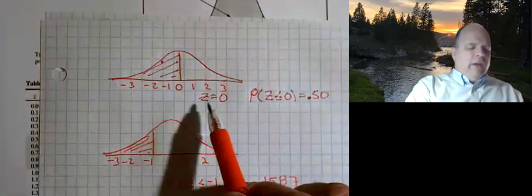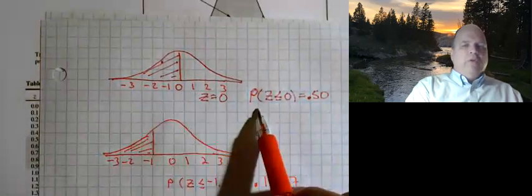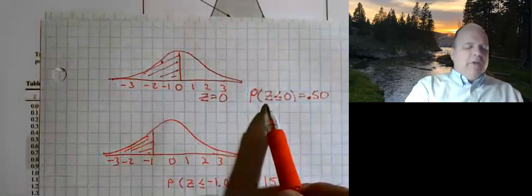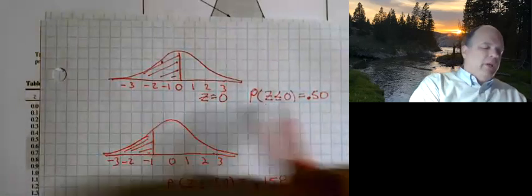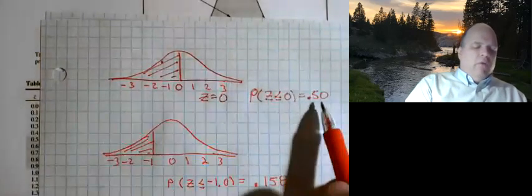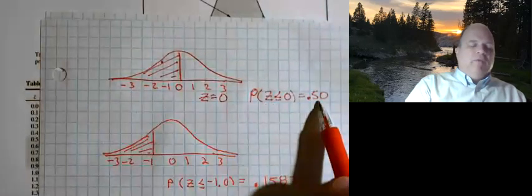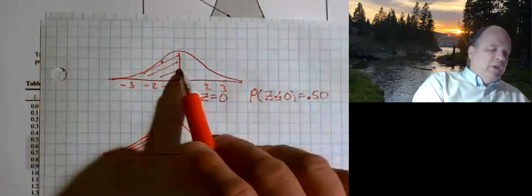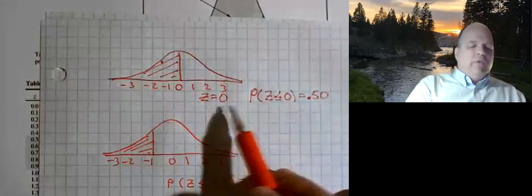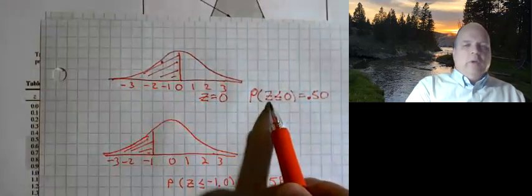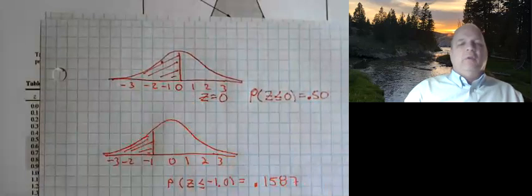All right, so if they have a z equals 0, what I'm going to write is what's the probability of having a z less than or equal to 0, because it's a percentile rank. And that means 50% of the data, or 0.50 of the data, is below 0. So that would be my percentile rank, 50% for a z equals 0, and we write it this way, probability of getting z equals 0.